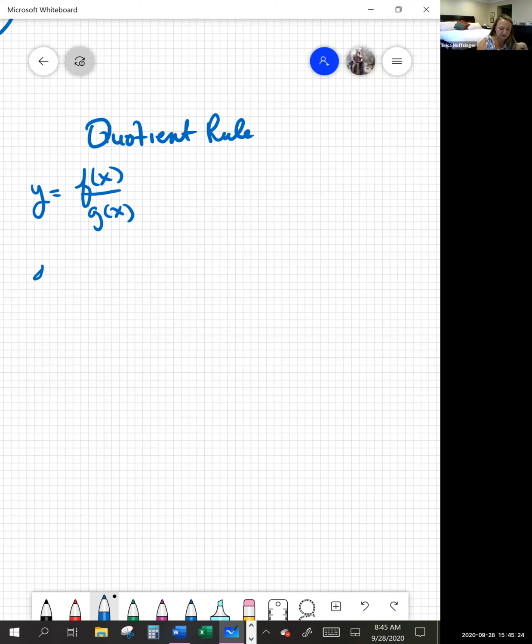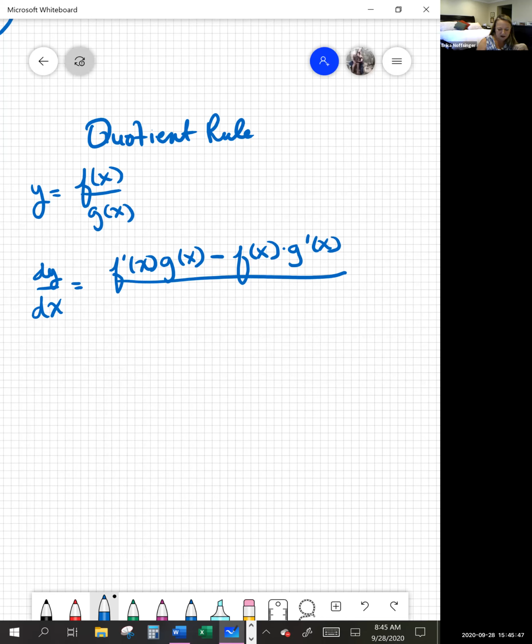Then the derivative, dy dx of y, is equal to the derivative of the first, or the top, f prime of x, times the bottom, g of x, minus the top, f of x, times the derivative of the denominator, g prime of x, all over taking your function g of x in the denominator and squaring this whole thing.